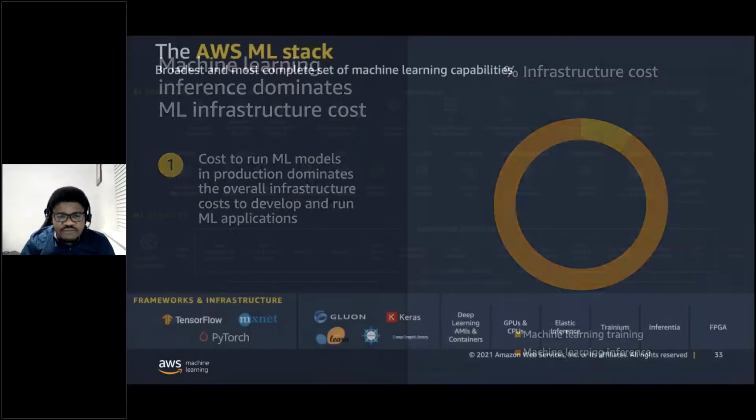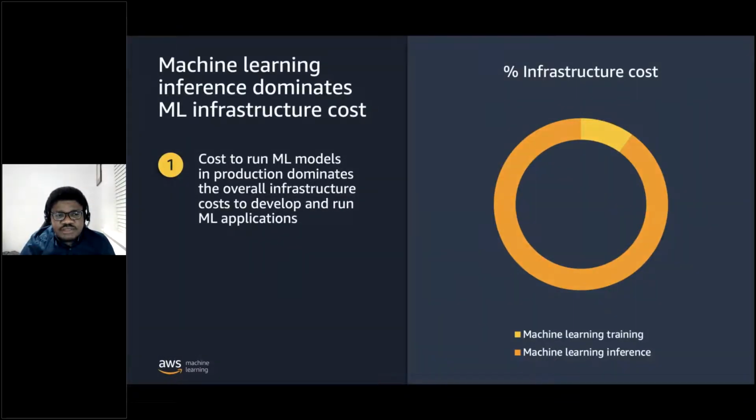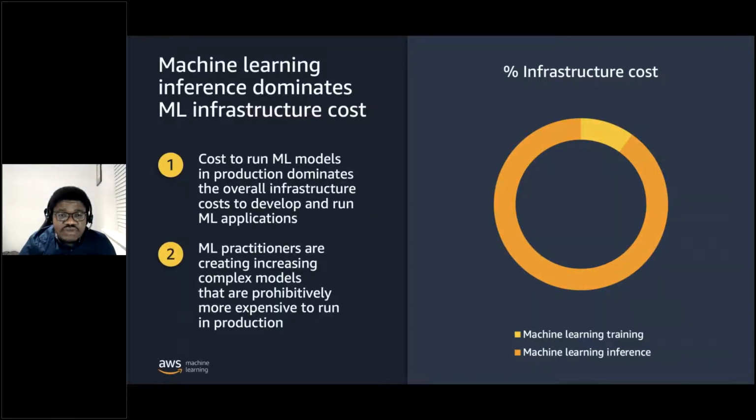So let me delve a bit deeper into infrastructure. I know this is what has really made it difficult for customers to leverage machine learning technologies over the years, but the cloud has helped to democratize this and make it easily accessible for everyone. When it comes to the cost of infrastructure, the majority of the cost is around inferencing.